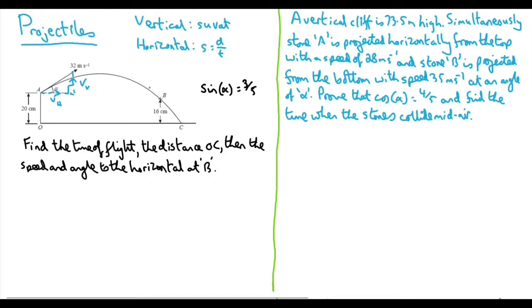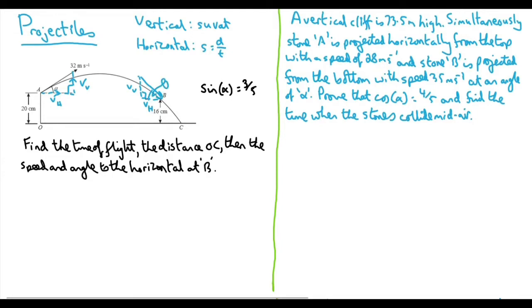As the particle goes down here at B, we can break this up as well into another right-angled triangle. So we'll want to work out what this vertical velocity here is and what this horizontal velocity is, and we're going to want that angle there.